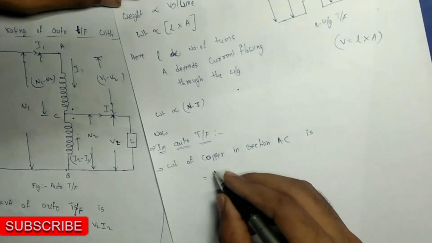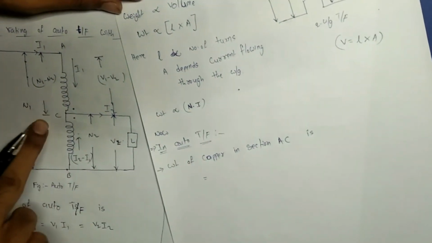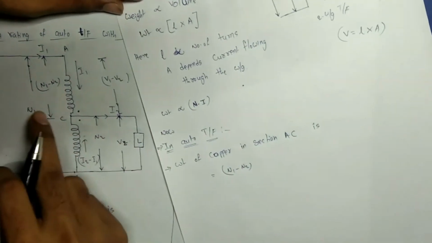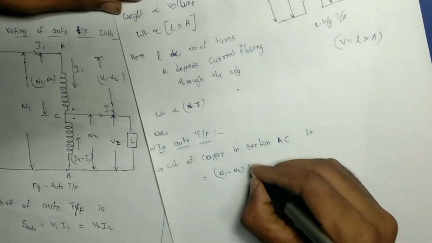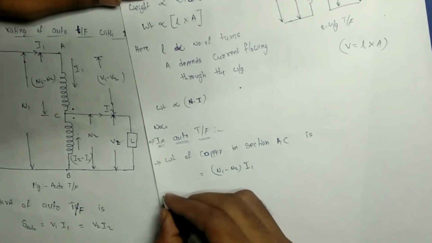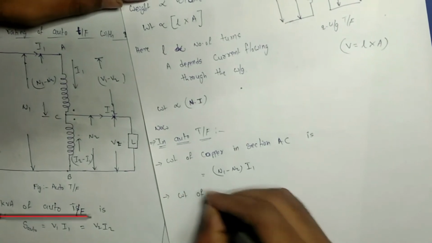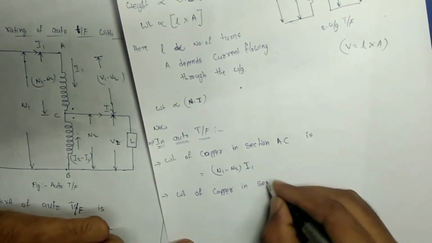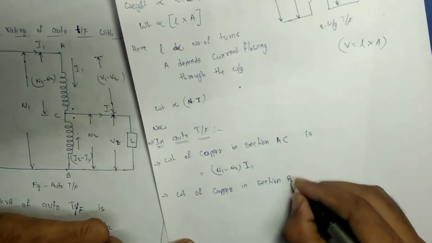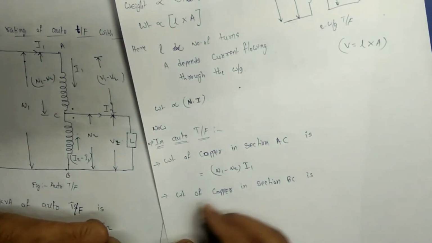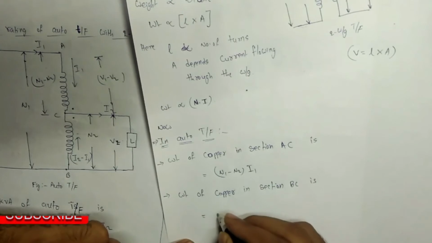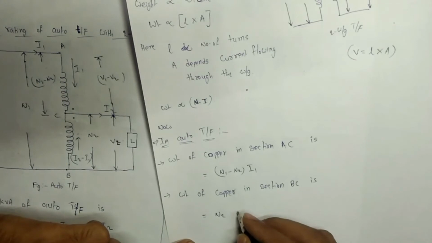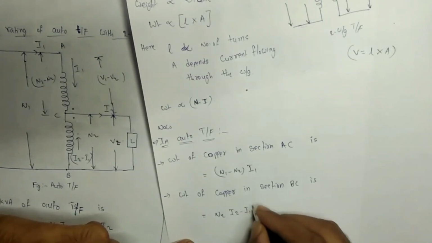Hence turns in AC are N1 minus N2 and current flowing through AC is I1. Then weight of copper in section BC is, total turns in BC is N2 and current flowing through BC is I2 minus I1.